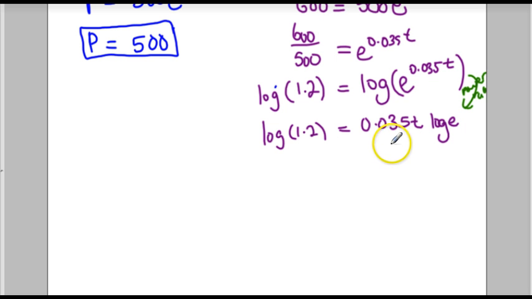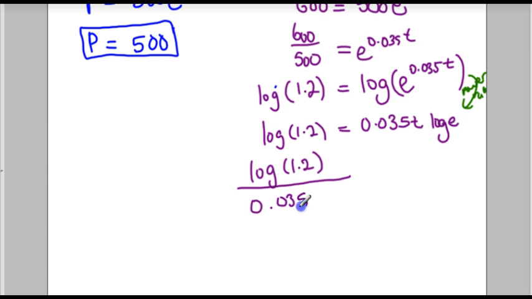Power rule. So now that I have this, I want t by itself. What do I do? I need to get rid of everything here that is multiplying. So I'm going to take the log of 1.2 and divide everything by 0.035 times the log of e, and I will get t, because my ultimate goal is to get t by itself.